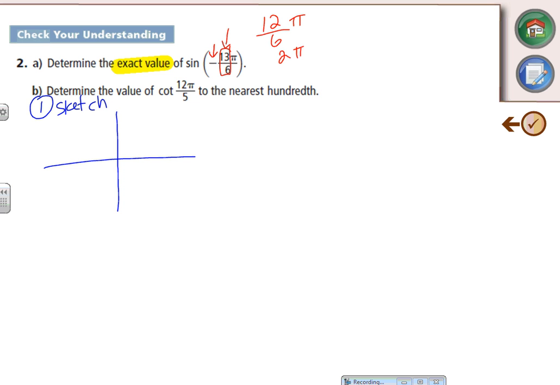This is close to 2 pi. Let's go negative 2 pi. So we start traveling. This gives me negative 2 pi, which is really negative 12/6 pi. But I got to go further. I got to go to 13/6. So I got to go a touch more. How much more? 1 more sixth.